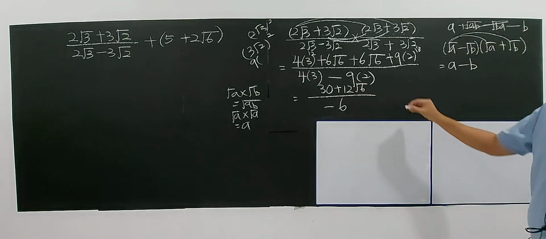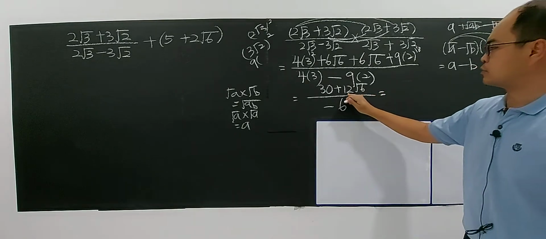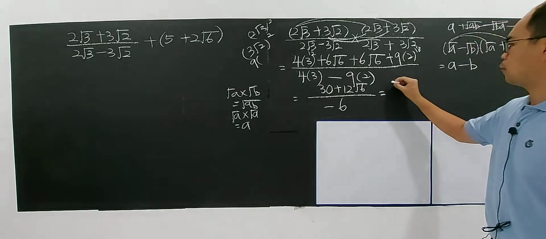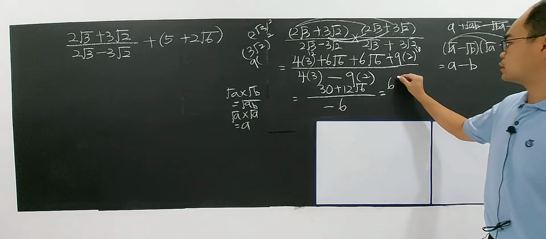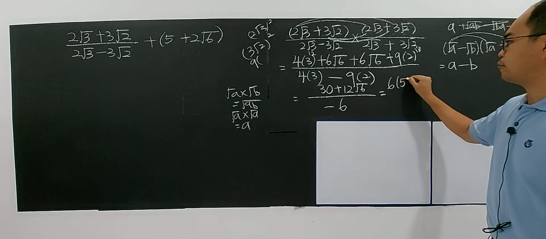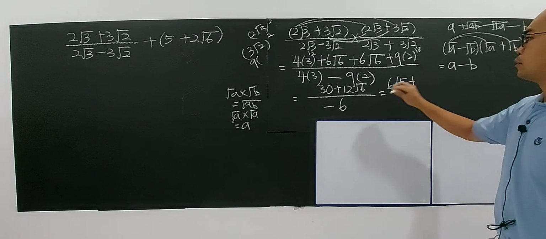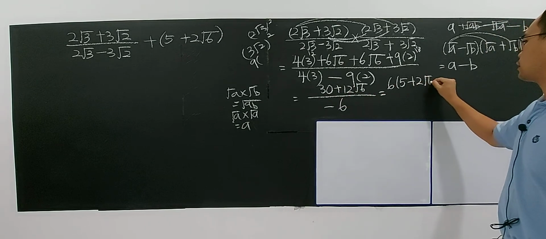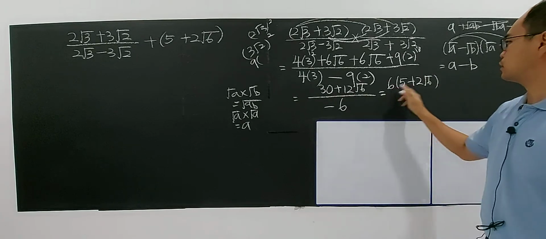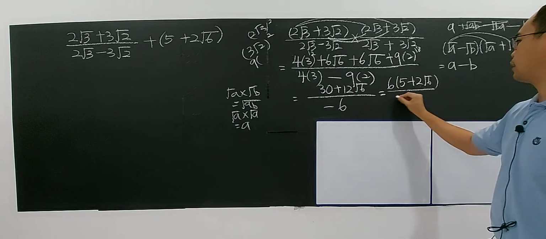Now you can factorize 12 and 30. The highest common factor will be 6. Then you have 5 plus 2 square root of 6, because 30 divided by 6 is 5 and 12 divided by 6 is 2, over negative 6.